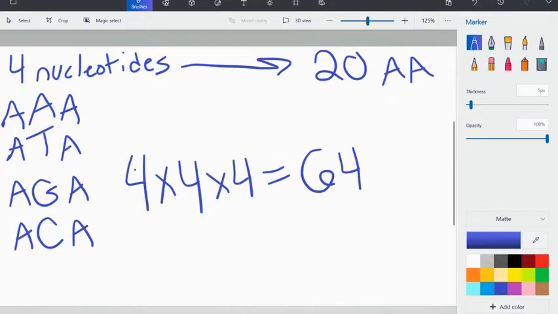And that means that we can have a unique 3-letter nucleotide code for every amino acid. And in fact, we can have it so that many of the amino acids have 2 or 3 3-letter codes that will produce that amino acid.